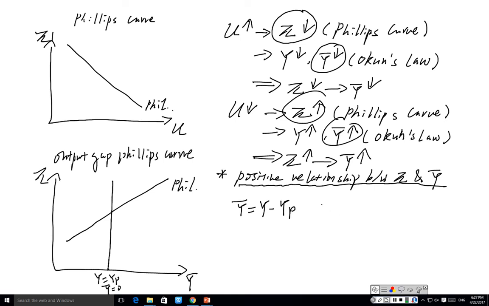So if real GDP Y equal potential GDP YP here, we can know the output gap is 0. So that's a vertical curve. So this vertical curve and the output gap version of the Phillips curve determine the inflation rate at pi 1 here.